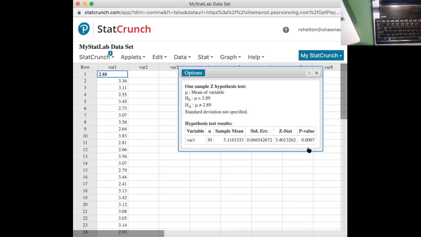And so when you get z-stat, that's a z-score, that's giving you how many standard errors you are away from that proposed mean. And the p-value is the probability of getting that value for a z, or a number even bigger than that, that's even further away.